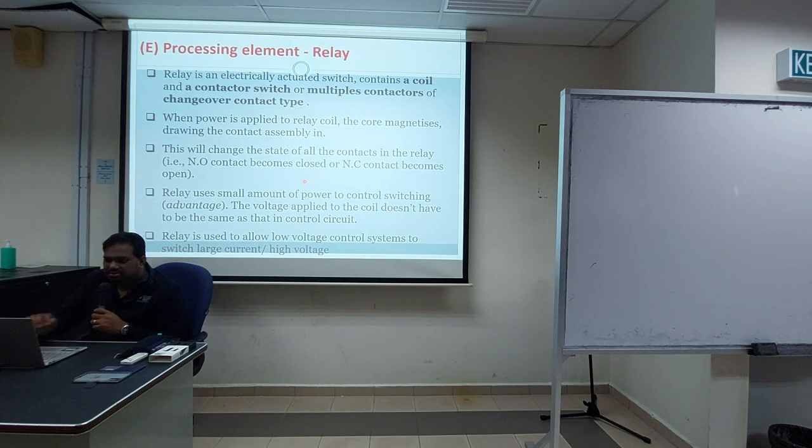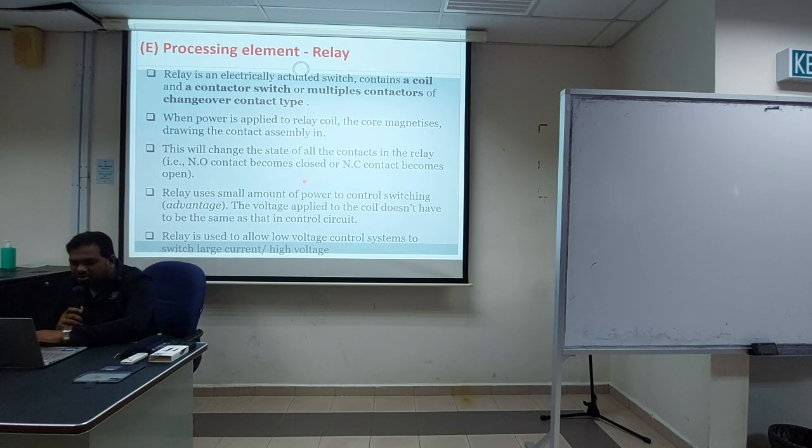Okay, relays, the processing element. So we enter the processing element. The main processing element in electro-pneumatics is the relay. A relay is an electrically actuated switch containing a coil and a contactor switch, or multiple contactors of changeover contact type.